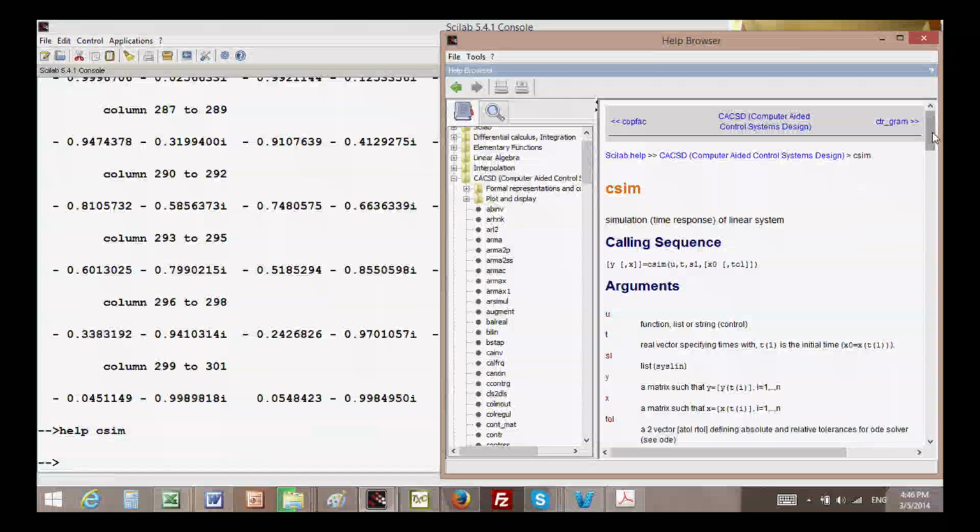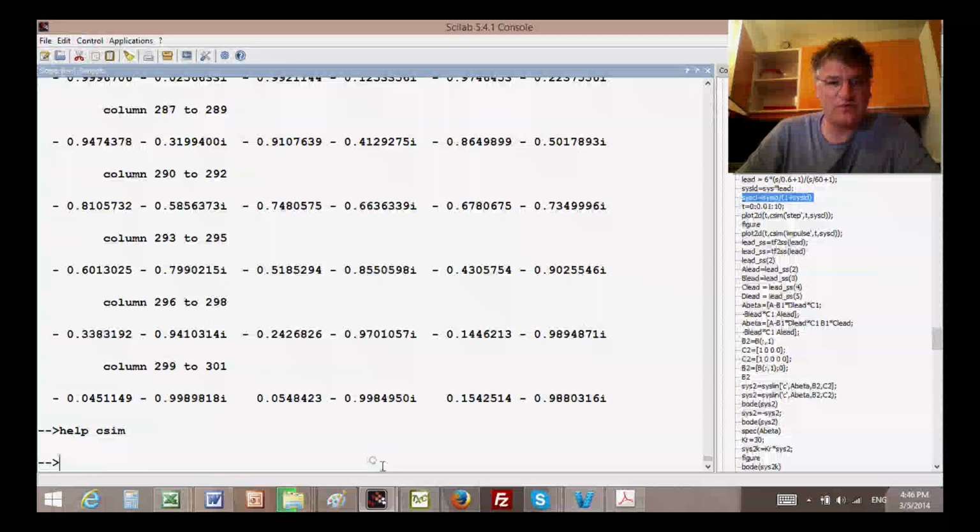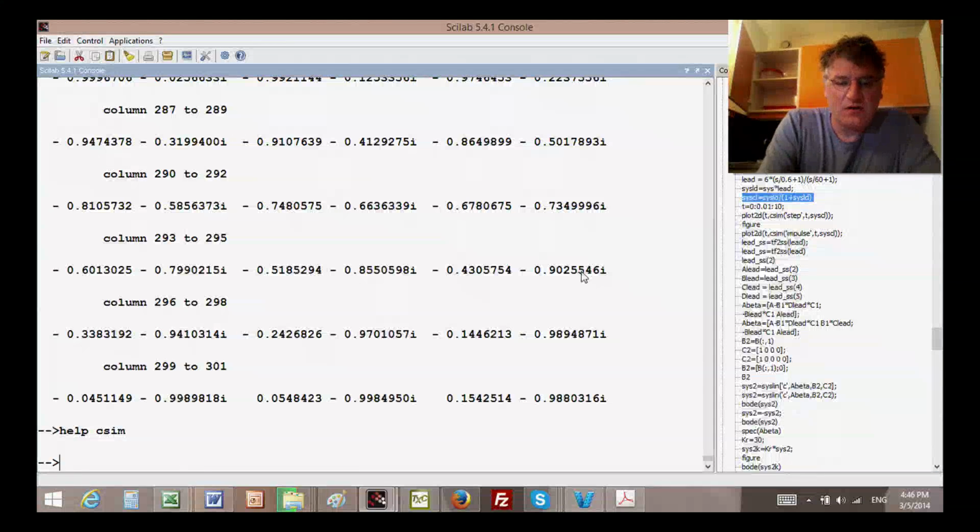Okay, so I need to specify u my input, t my time, and then my system. So we're going to say z is equal to csim of, hold on, I forgot even what my u was. Okay, so z equals csim of u, t, sys. And let's hope it works.